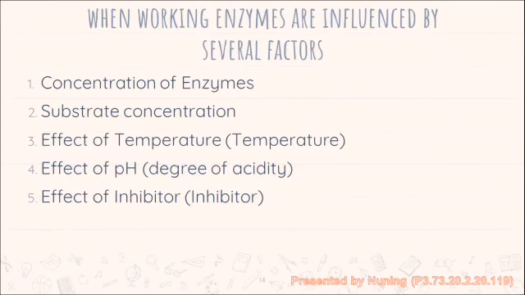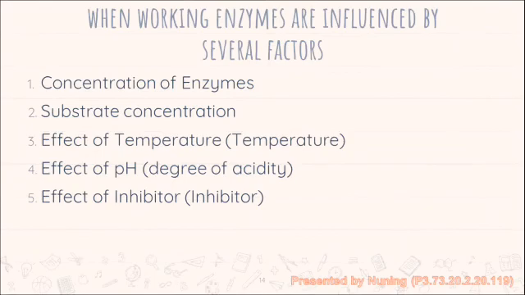Third, effect of temperature. Generally, enzymes work at the optimum temperature. When the temperature drops, the activity stops, but the enzymes are not damaged. Conversely, at high temperatures, the activity decreases and the enzymes are damaged. Fourth, effect of pH. A change in pH can reverse enzyme activity, that is, change the end product back into a substrate.